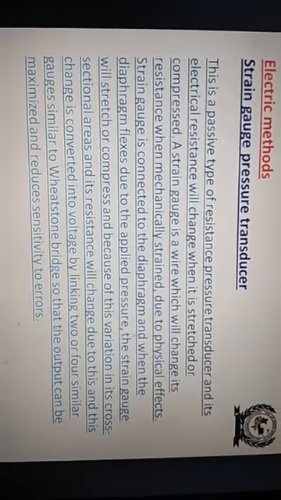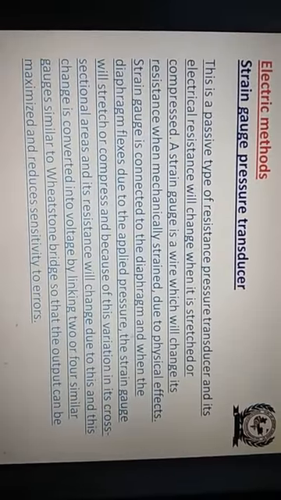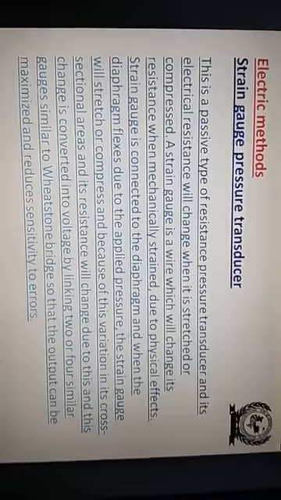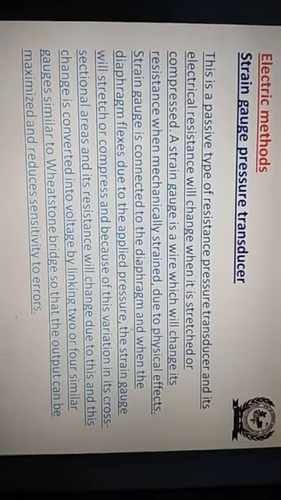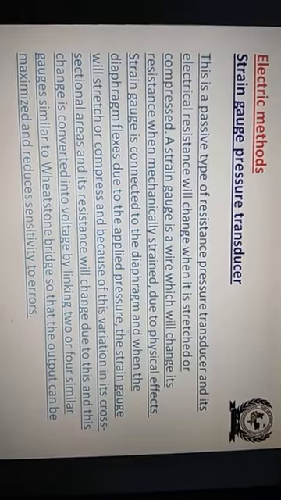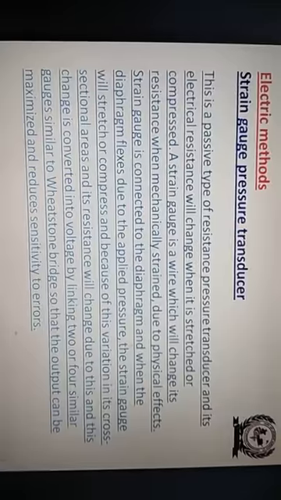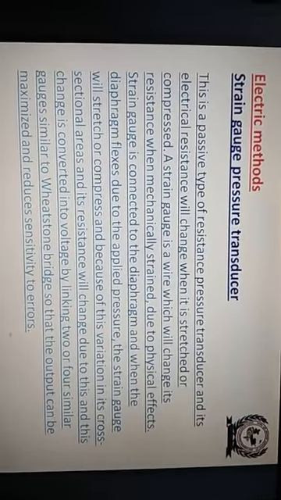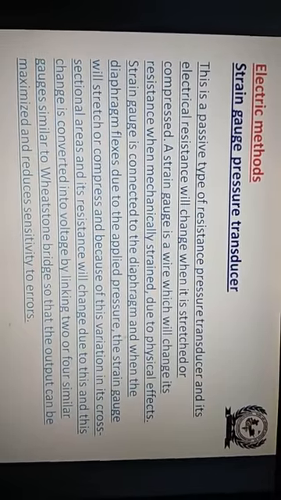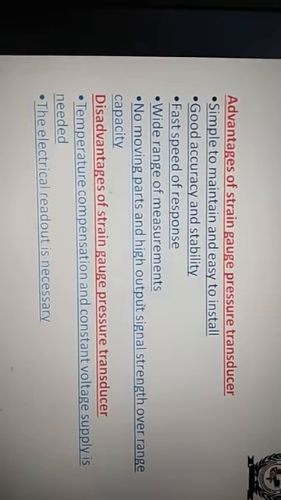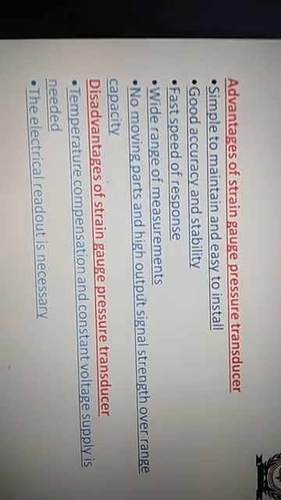This strain gauge may be in the Wheatstone bridge, where out of 4 arms, 1 arm is the strain gauge, and pressure is applied to this arm particularly. Hence, there will be an unbalance in the bridge, which causes the change in voltage. That will be the measurement of the pressure, calibrated in terms of pressure.